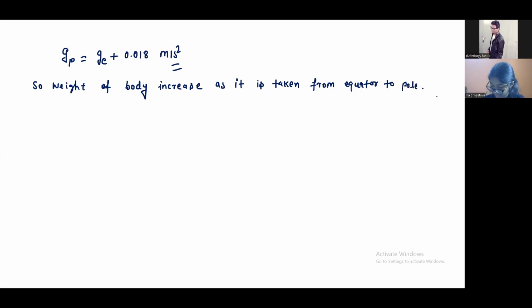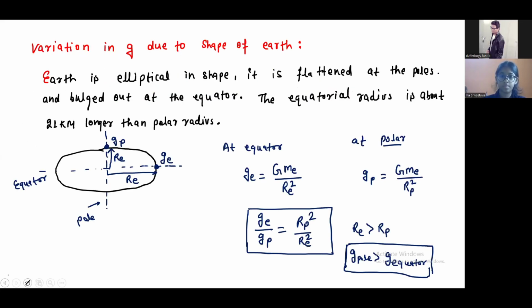When we are moving from the equator to the pole, g value is increased. That's why the weight of the body will be increased. So the first variation is completed, that is the variation of g due to the shape of the earth.